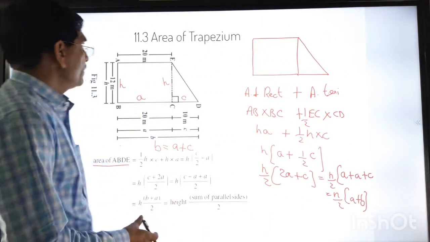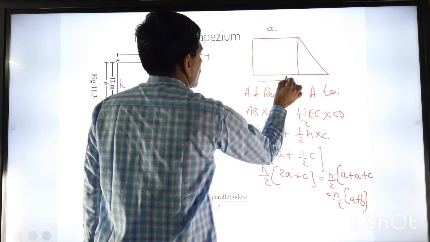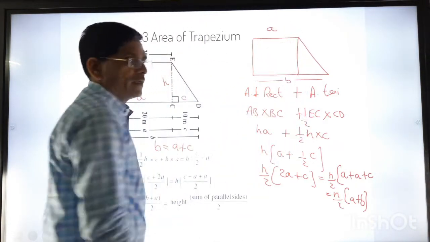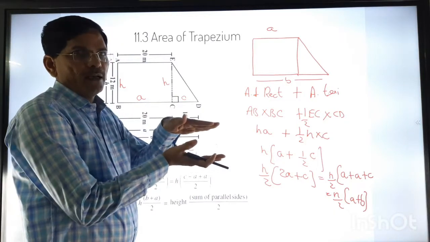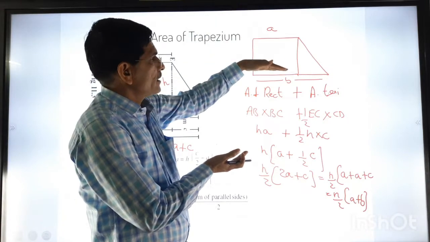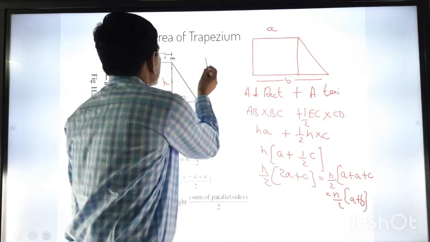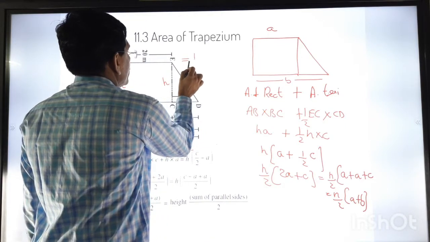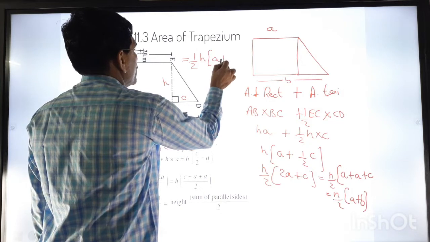What is a plus b? Parallel sides. This is a, here the whole is b. So in a trapezium, only one pair is parallel. The length of one is a, another is b. That is why always remember the formula 1 by 2 h (a plus b).